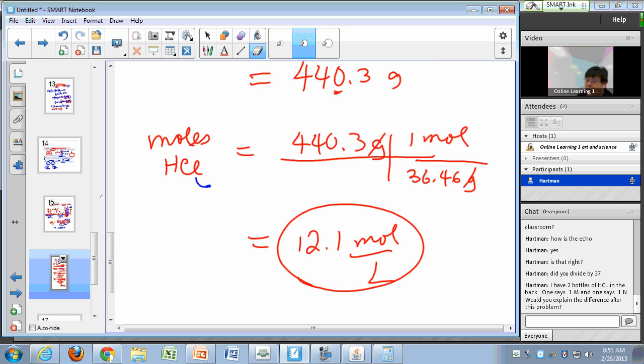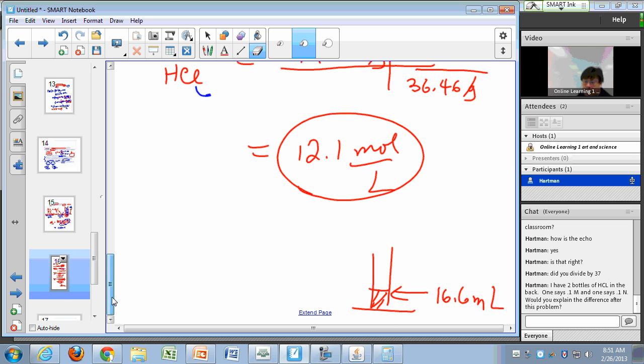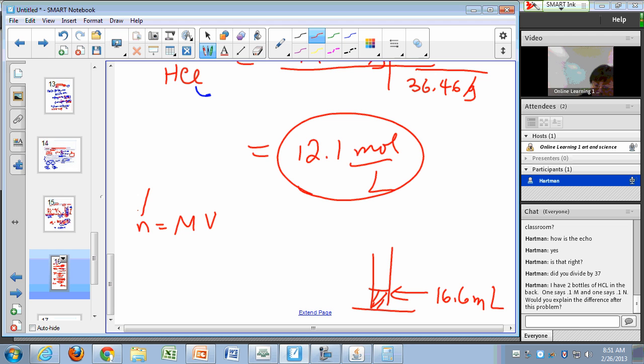So you can use that instead as a basis for figuring out how many mils you're going to need. Okay, so if I have 12.1 moles per liter, there's another way I could solve the original problem. If I need 0.2 moles, moles is equal to molarity times volume, right? Then the volume I need is n over M, 0.2 moles divided by 12.1 moles per liter.